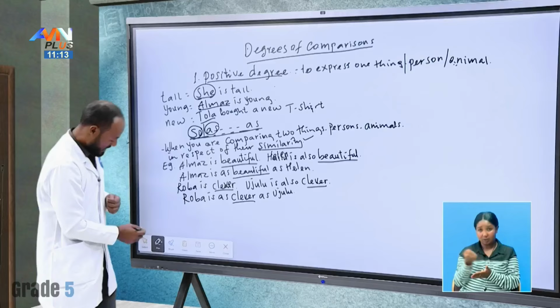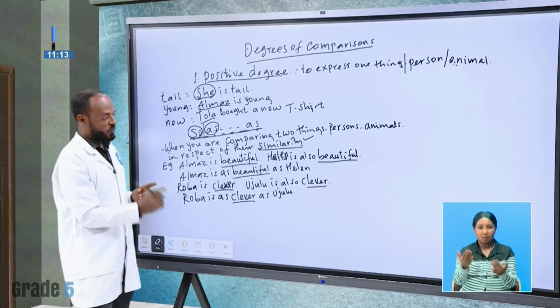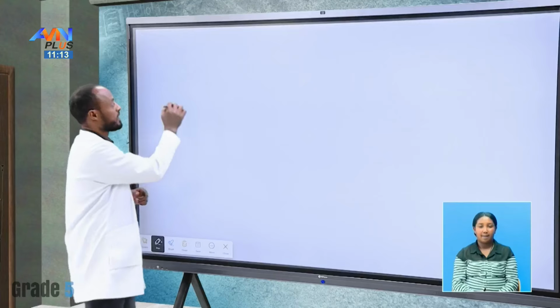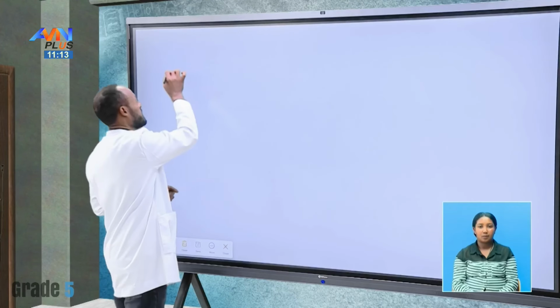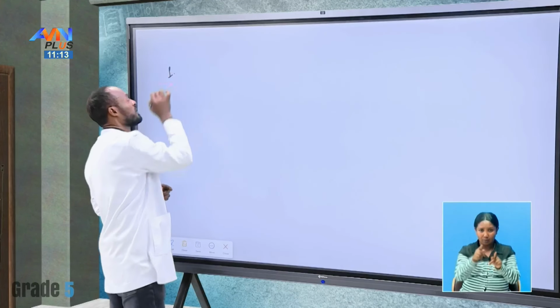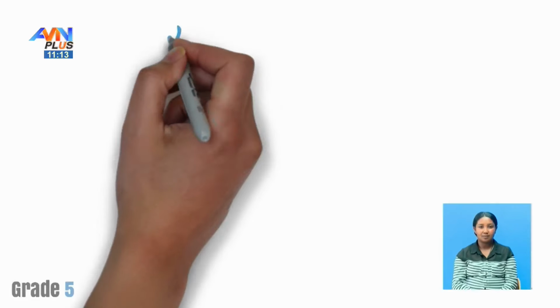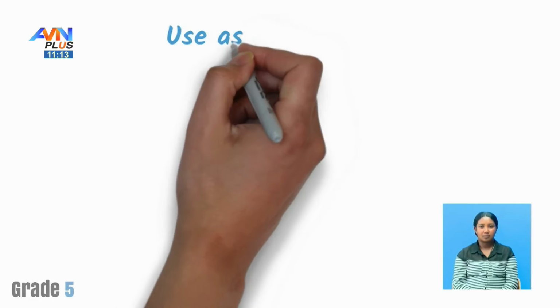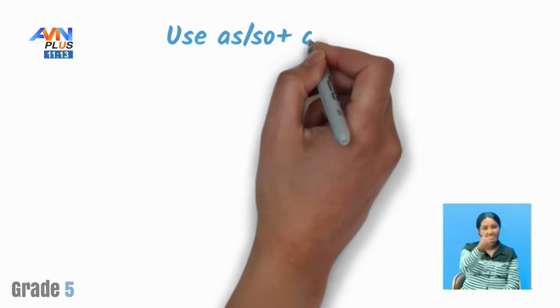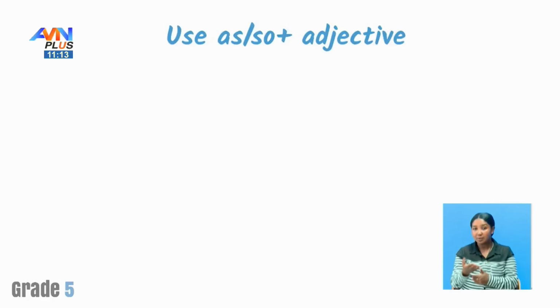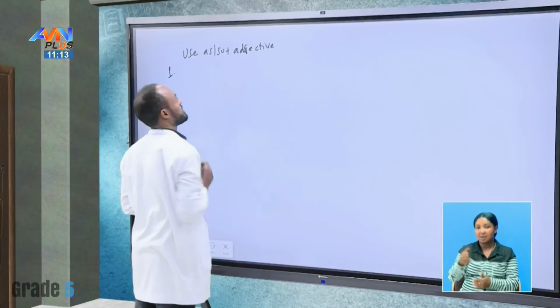Come on. Now let me give you one activity about this one. Do it individually. Question number 1. Use as or so, then plus adjective.